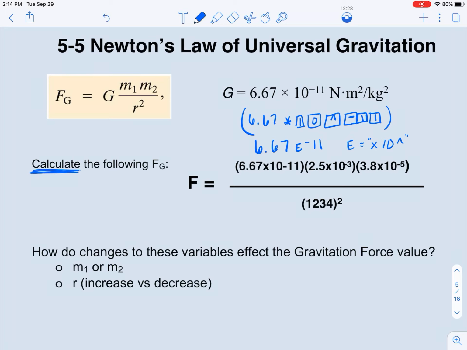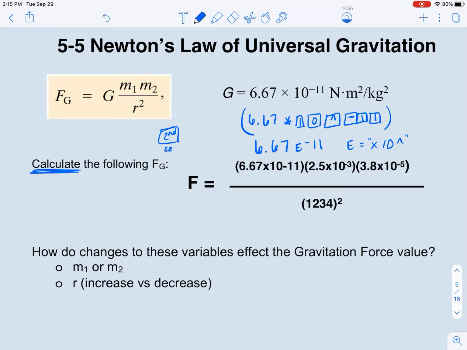It saves me some buttons to push, and I don't have to put it in parentheses because the calculator recognizes that it's just one value expressed in scientific notation. If you don't know what that E button is, it's usually the second function on your calculator, and it's going to be a double E on your calculator button, okay?